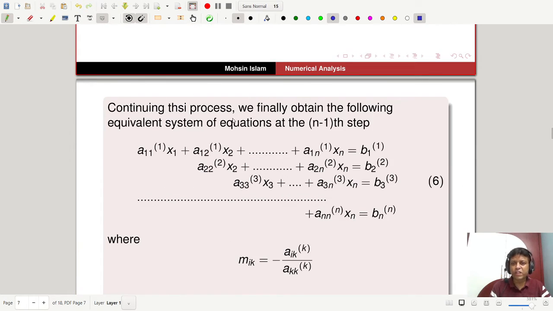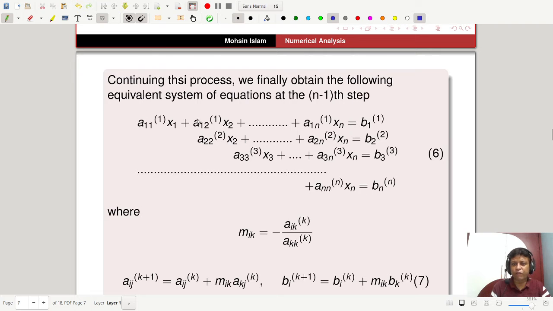Then continuing this process, we finally obtain the following equivalent system of equations at the n minus 1th step. So if you follow the same steps, this is your first equation, this is your second equation. If you eliminate x2, then you will get the third, x3, and so on, x4, and finally you will get this equation.